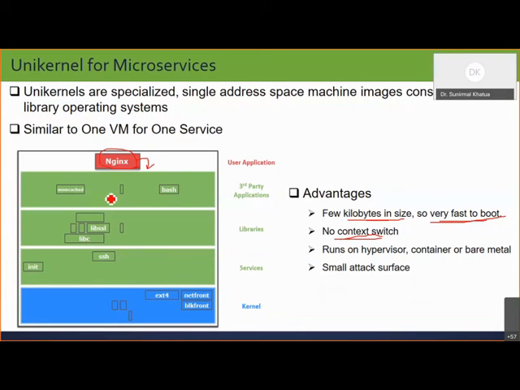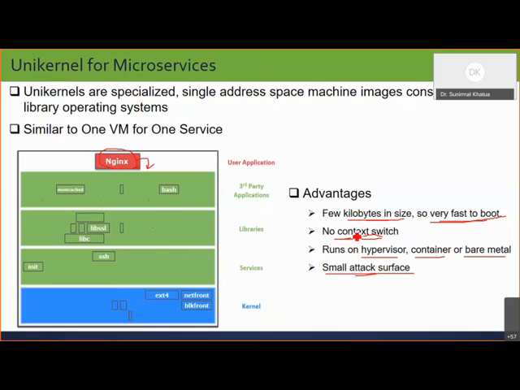This is a full-fledged computer. It can run on a hypervisor like a VM, it can run inside a container, or it can run on bare metal. So you have diverse options to run those unikernels. And since you remove most of the services from different layers, the attack surface is very small.